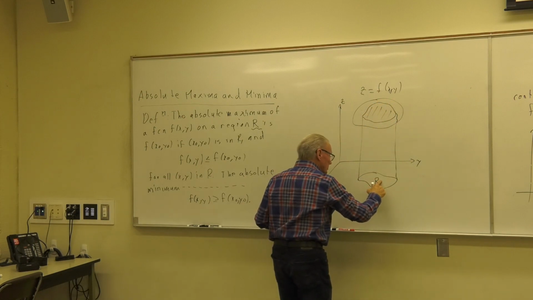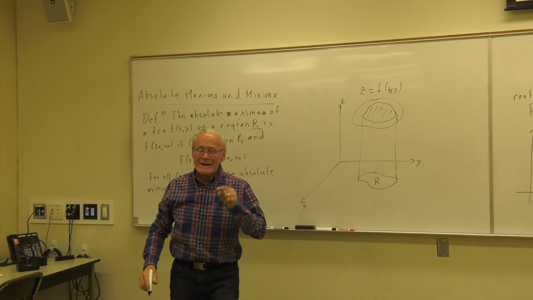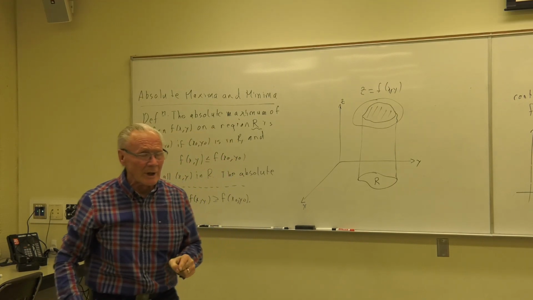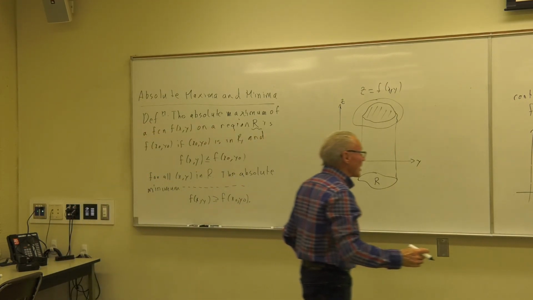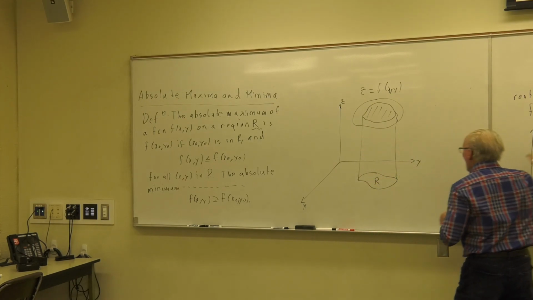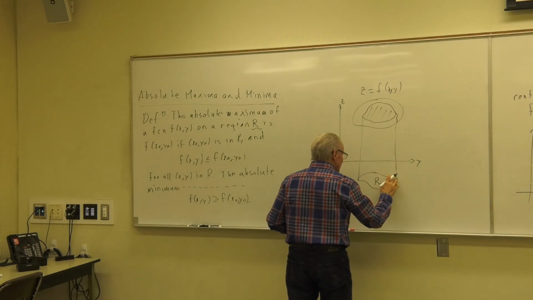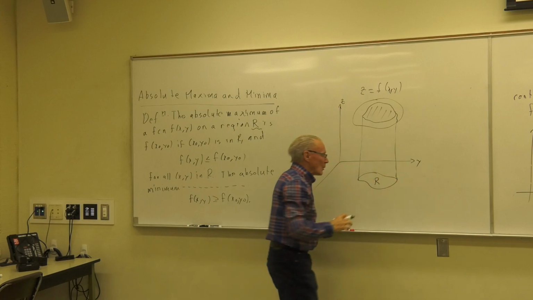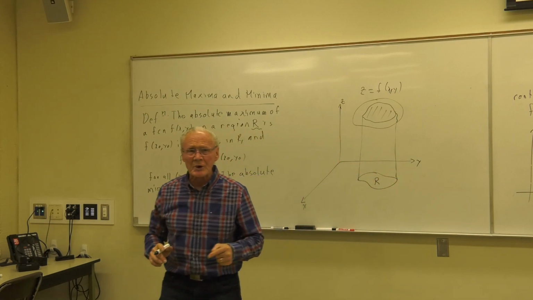We're going to assume that the region contains its boundary. In other words, it's the counterpart of a closed interval. If it contains its edge, we would call that a closed region.